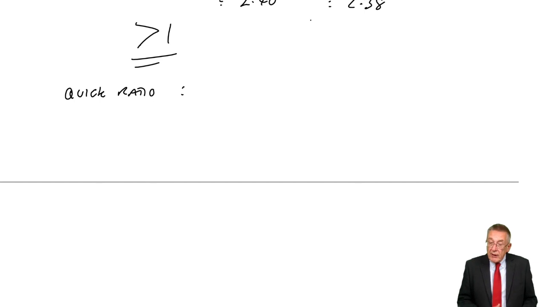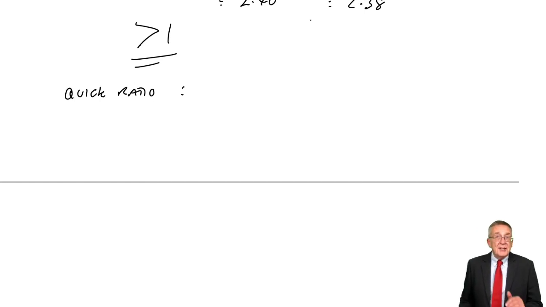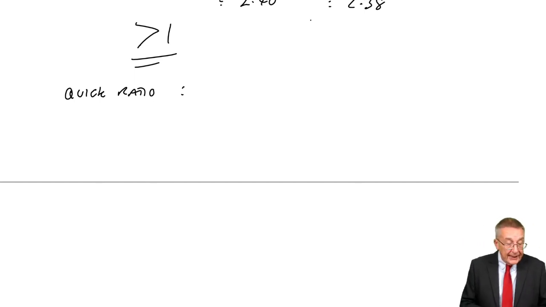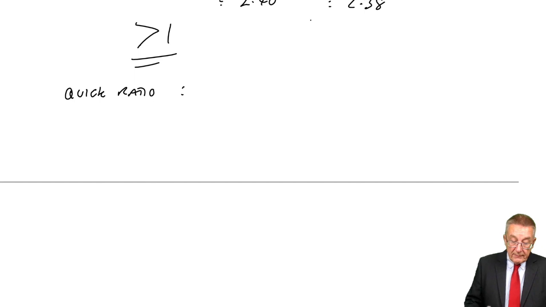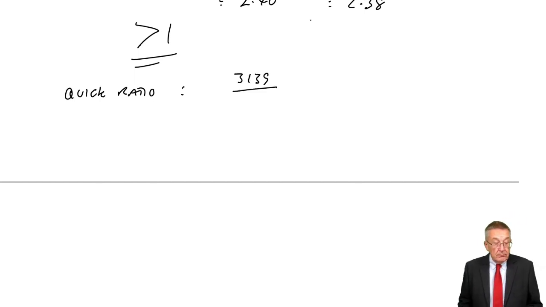And so, quick ratio, exactly the same idea, but we exclude the inventory. We take the current assets minus the inventory and divide that by our current liabilities. So what was it in 2010? If we exclude the inventory, we've got receivables 2275, cash 864, 3139.